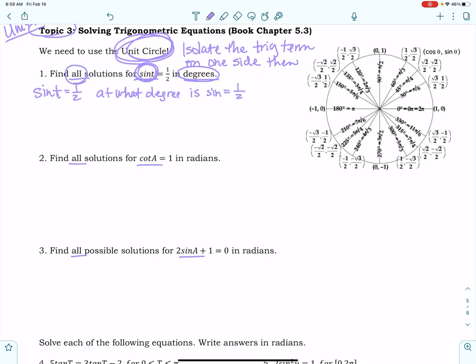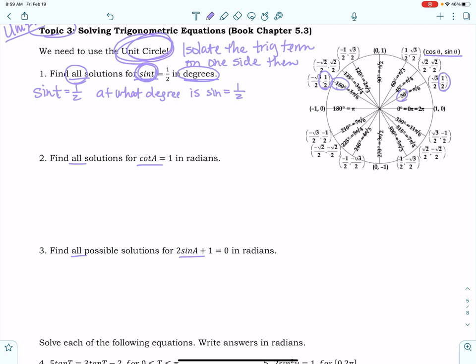I am going to look at my unit circle and remember that the second term is sine. If you'll notice, sine is 1/2 right here and sine is 1/2 right here. So at 30 degrees and at 150 degrees.